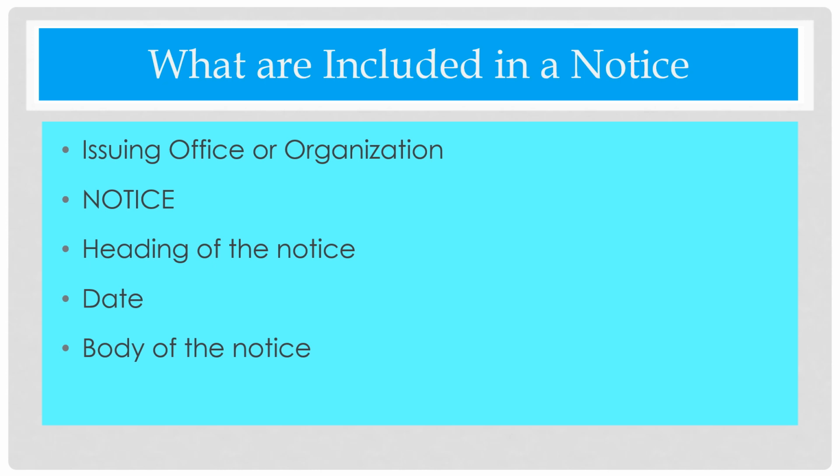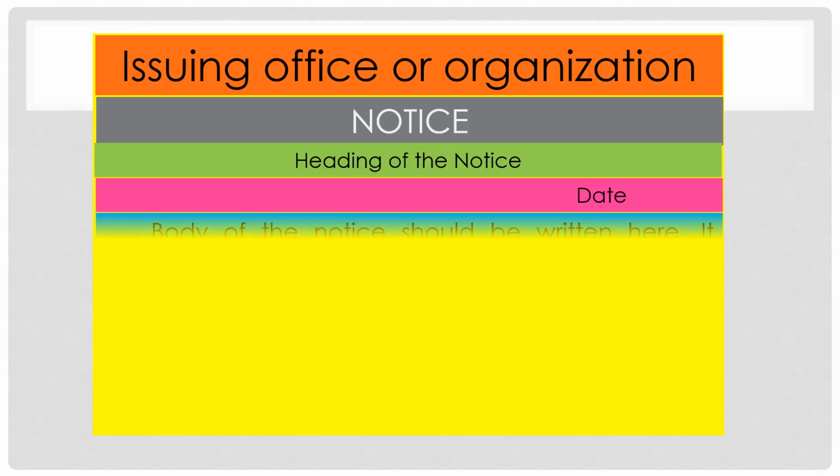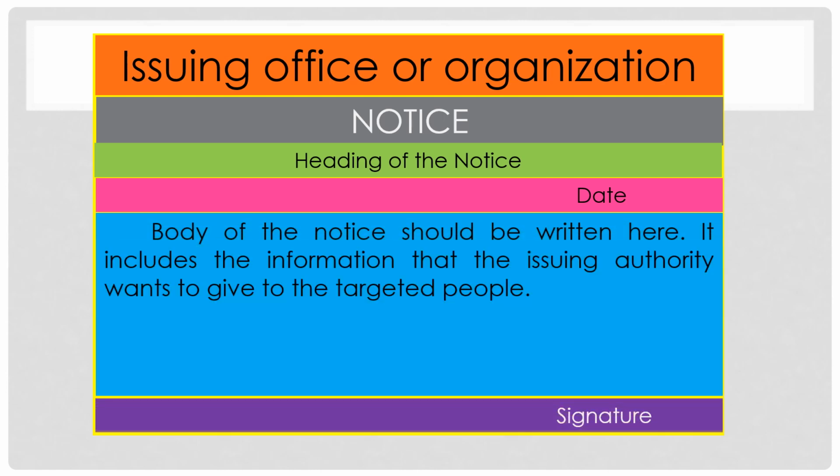Then, body of the notice. That means the information the authority want to give to the targeted people. And later, signature of the issuing officer or authority. Write them. All these elements we have seen already.